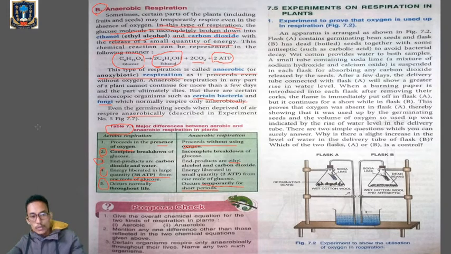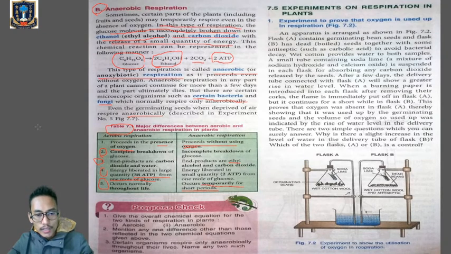So aerobic takes place in the presence of oxygen, anaerobic takes place in the absence of oxygen or can proceed without oxygen also. In aerobic respiration, there will be complete breakdown of glucose, but in anaerobic, incomplete oxidation of glucose. In aerobic, the end products will be carbon dioxide and water.